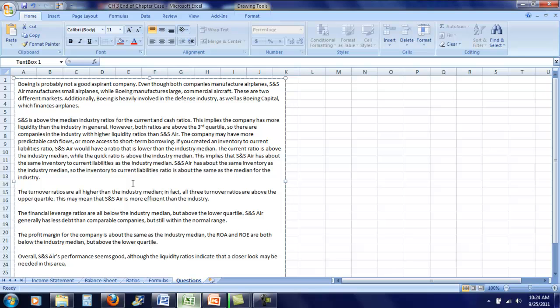If you created an inventory to current liabilities ratio, SS Air would have about the same ratio as the industry median. The current ratio is above industry median, while quick is also above industry median. This implies that SS Air has about the same inventory to current liabilities as the industry.